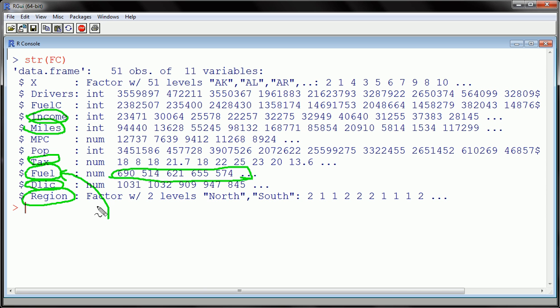Basically our job is to come up with a model, using multiple linear regression as our framework, that will take as inputs some of these features and as an output will predict the fuel consumption. That's basically our goal here.